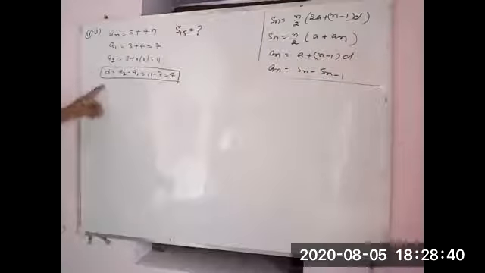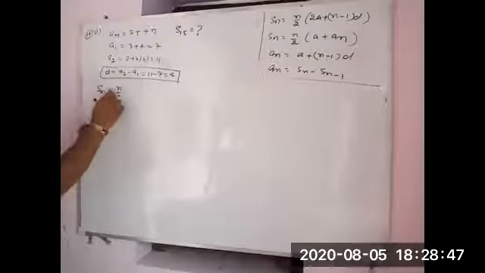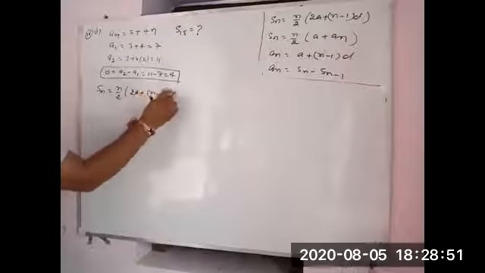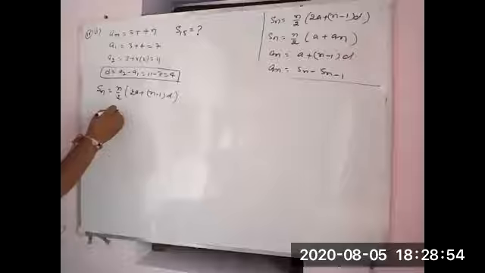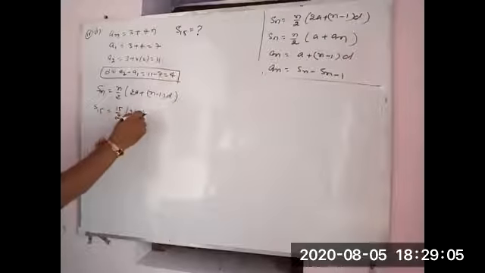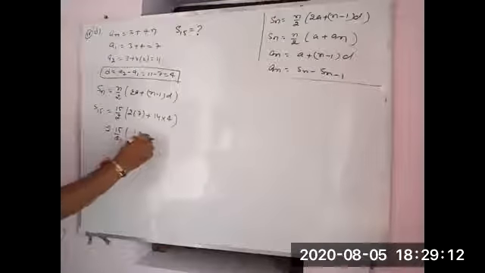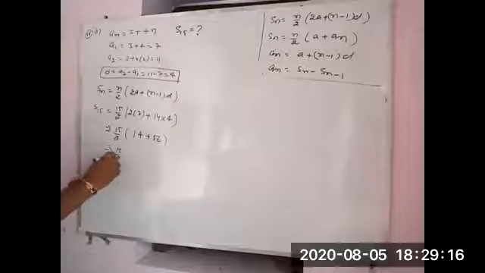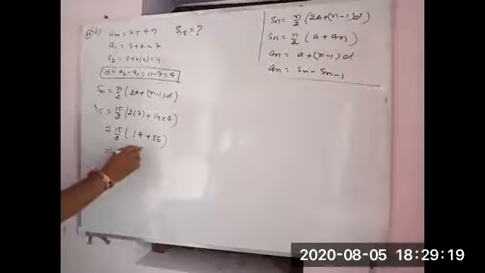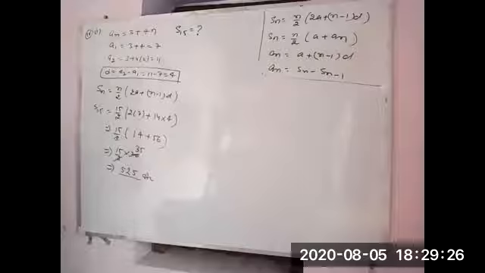Okay. d we got. Now, n is 15. First I am writing the formula Sn, n by 2 (2a plus (n minus 1)d). n value is 15, 15 by 2, 2a, the value of a is 7, 2 into 7 plus 14, the value of d is 4. 15 by 2, 14 plus 56. 15 by 2 into 70. 2 into 35, 5 into 35 will be the sum of first 15 terms.